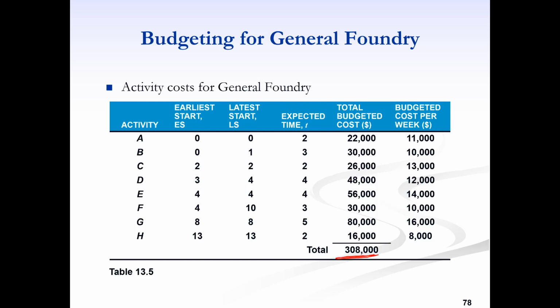Now we assume that there is uniform expenditure per unit of time. So the budgeted cost per week is then 11,000, because 22,000 is the total budget for activity A, and the total expected completion time is 2 weeks. Then the budgeted cost per week is 11,000 per week. And similarly we can find out for the others as well, just assuming that there is a uniform rate of expenditure.